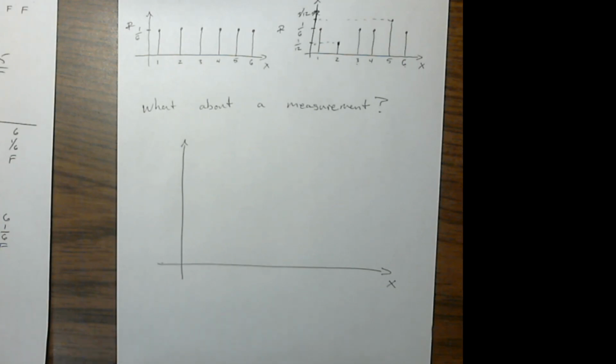A length or a voltage especially, these can be anything. They live in a continuous variable space. Now we're taking digital measurements, so it ends up being discretized eventually. But really, the resolution is so tiny that we can think of things as continuous anyway.